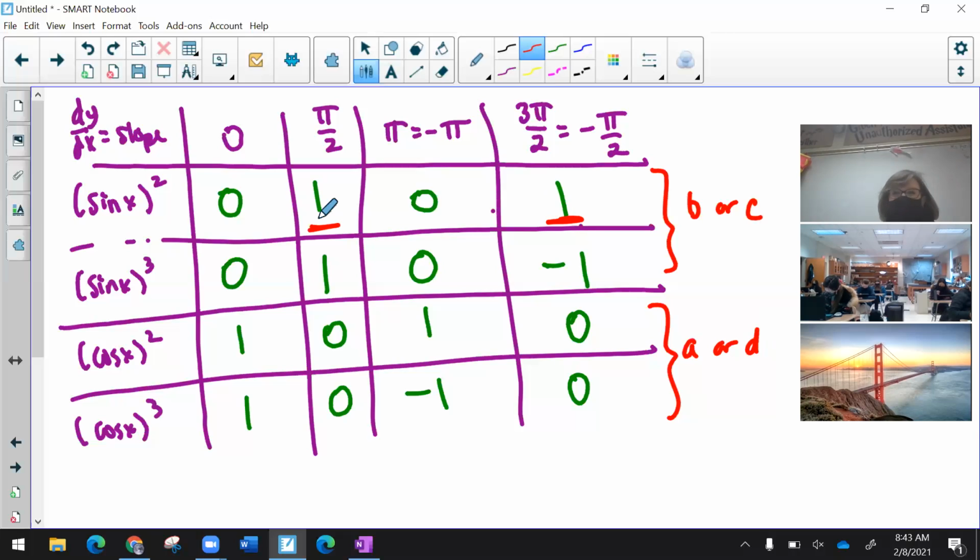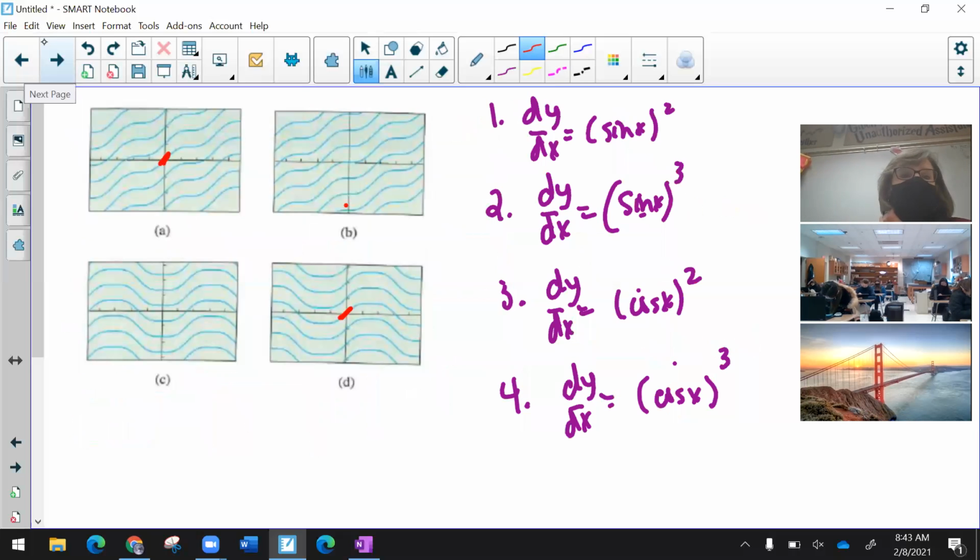If you think about it, that makes sense, because no matter what the sign of x is, it's going to be positive because it's squaring. So if we look back at our choices of B and C, which one always has the positive slopes? B is going to be number 1.